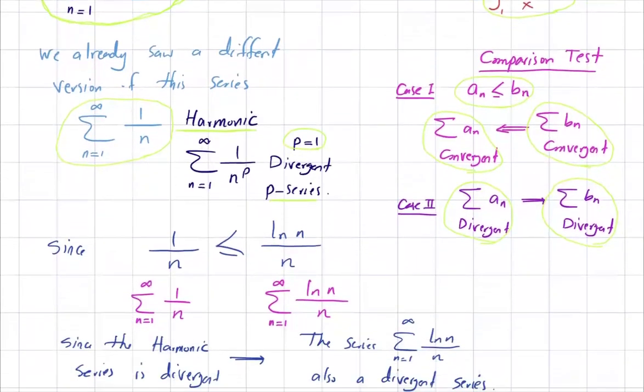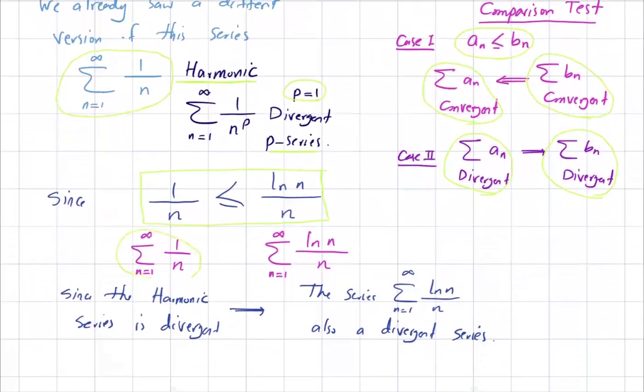At the same time, since we already know the behavior of the harmonic series, and we know that 1 over n is less than equals to ln of n over n, since the smaller series, which is the harmonic series, is a divergent series, comparison test tells you, hey, the larger series must be divergent as well. It's not approaching any unique numerical value. It goes to infinity. You can also use the integral test. Let me quickly show you how to use integral test.